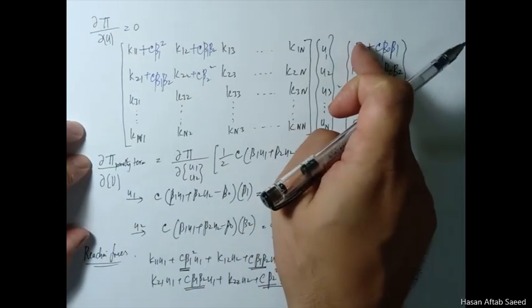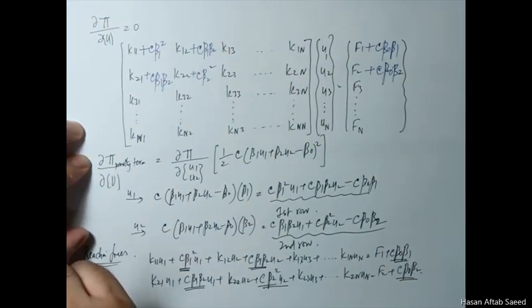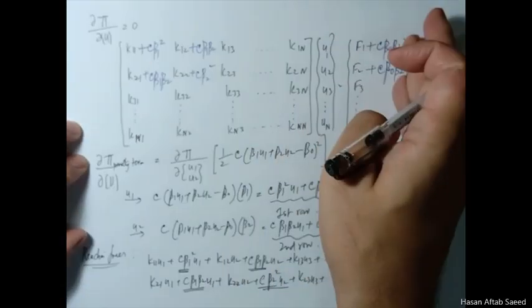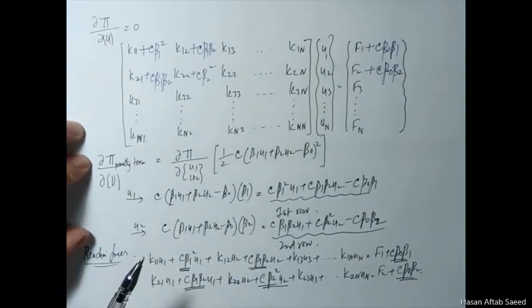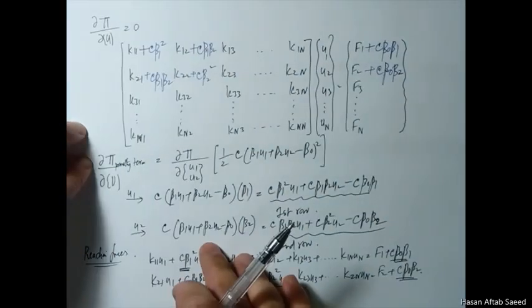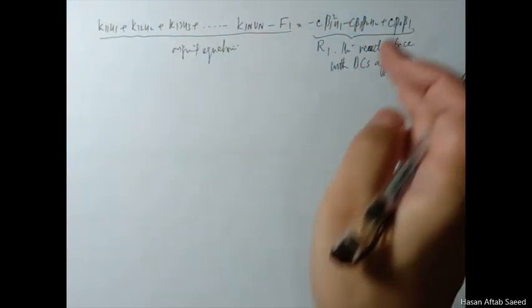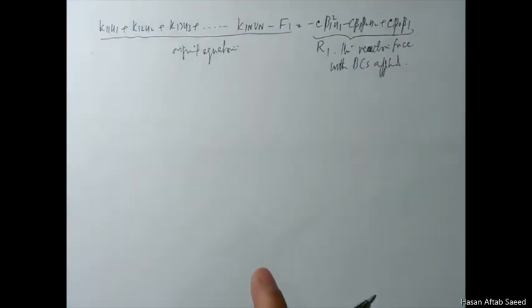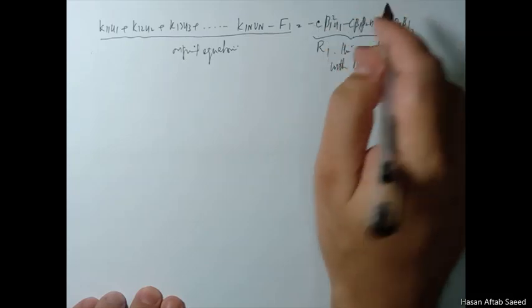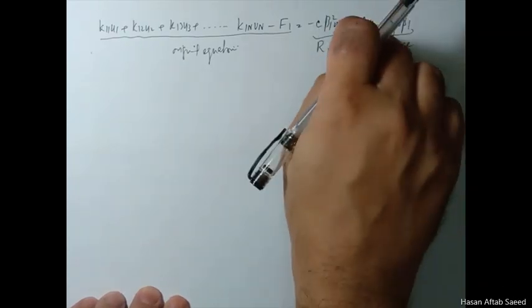If you take f1 from the right hand side to the left hand side, you get 0 on the right hand side. This is before the boundary conditions are applied. If you apply the boundary conditions, then even if you bring f1 from the right hand side to the left hand side, there is something on the right hand side. It is not 0 and it should not be 0, because now you are applying the boundary conditions. So whatever you get on the right hand side, that is the reaction force, R1.